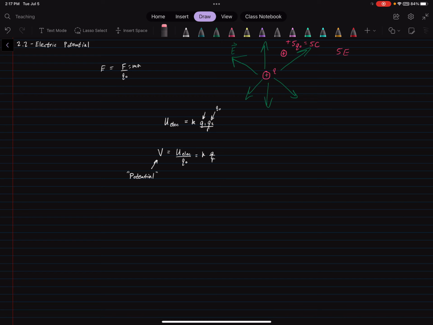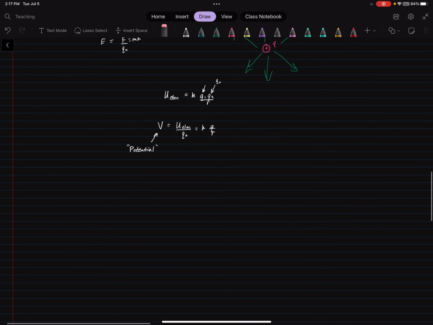You might be familiar with the term that we use for the difference in potential, which is equal to delta V, or V2 minus V1. Potential at two different points, not potential energy, potential, this per unit charge thing. We call that voltage, which I'm sure you've heard before.